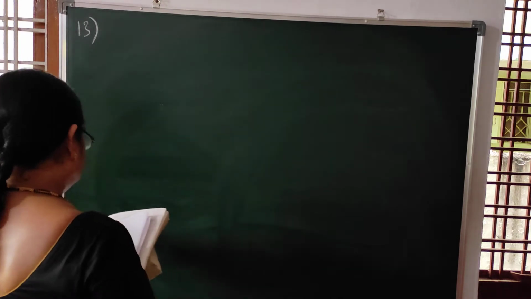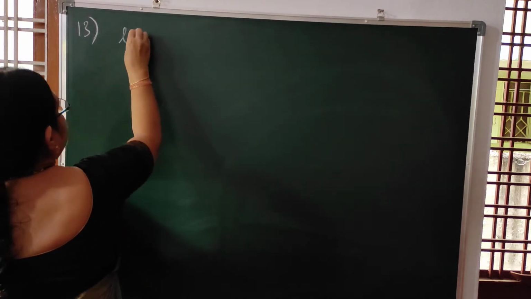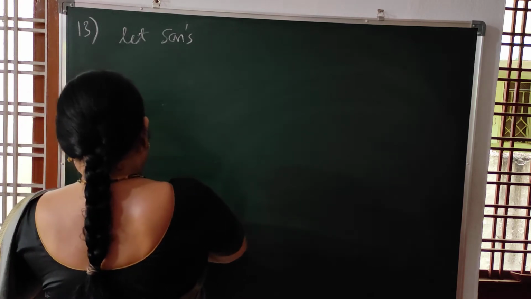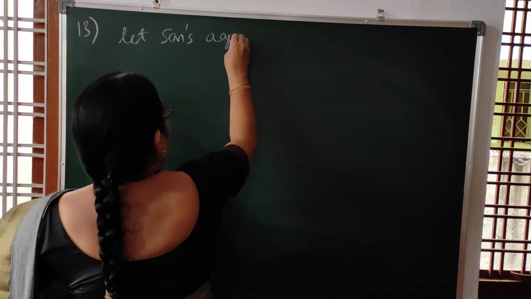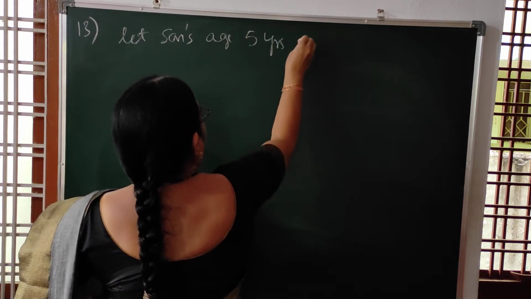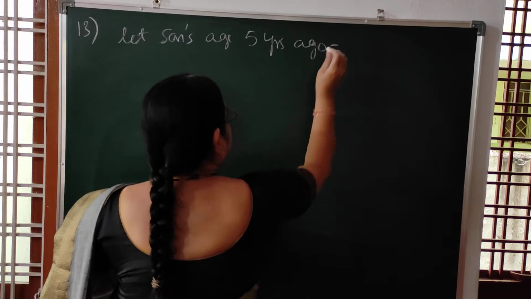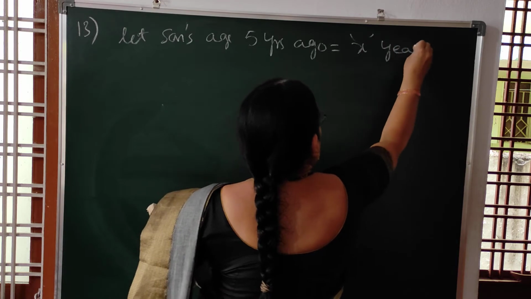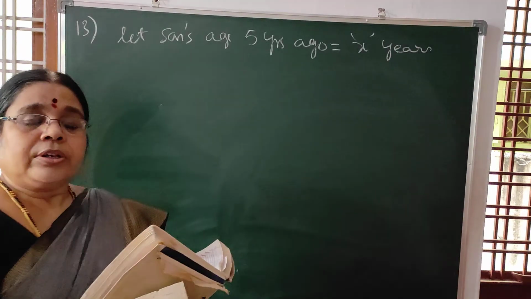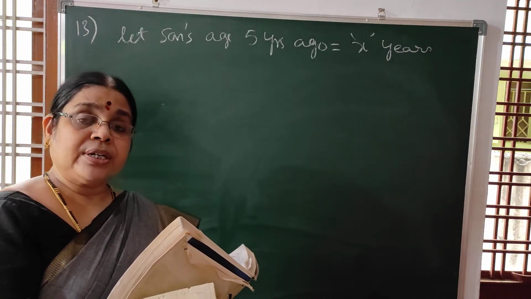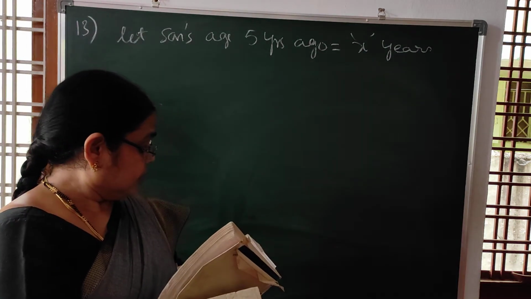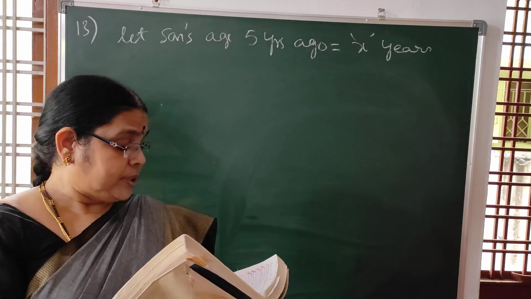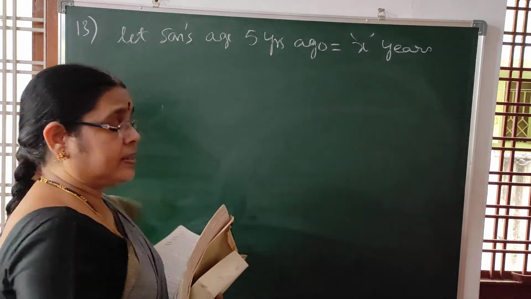Find their present ages. So let the son's age 5 years ago be x years. 5 years ago son was x years. Now what was the father's age 5 years ago? 5 years ago a man was 7 times as old as his son.